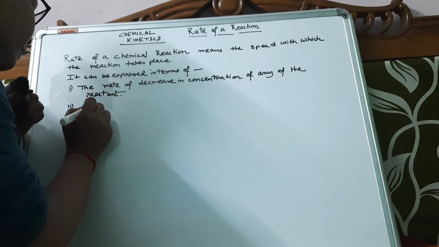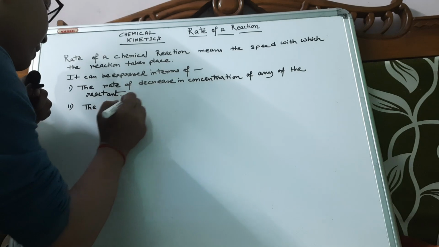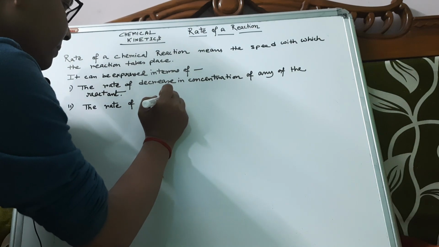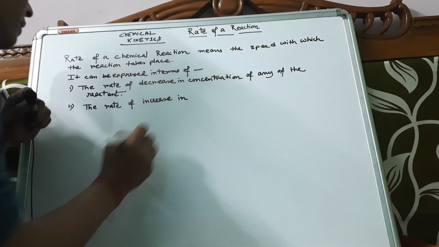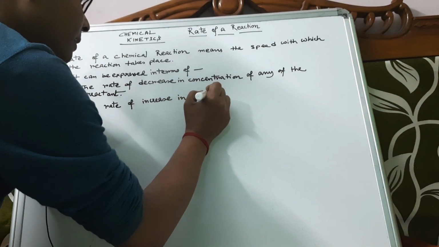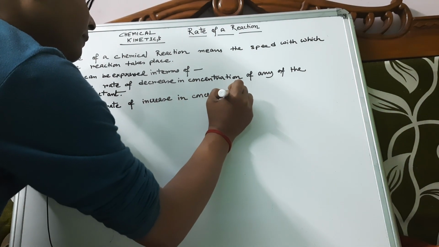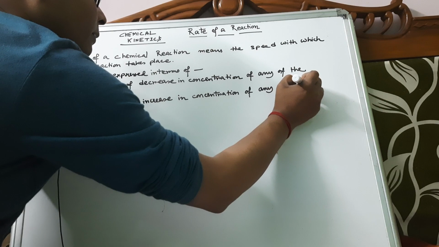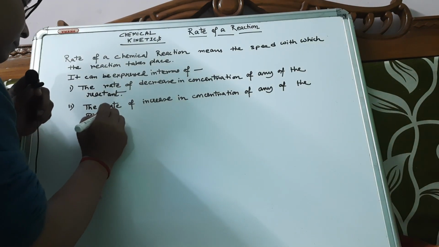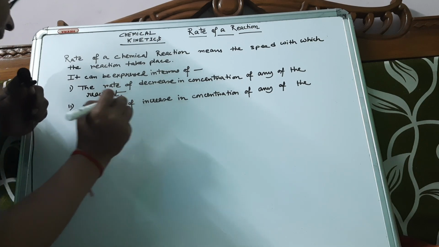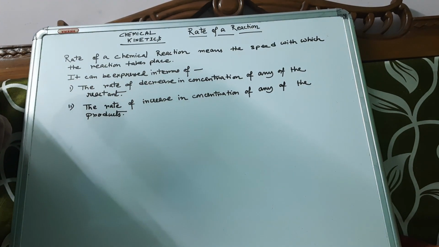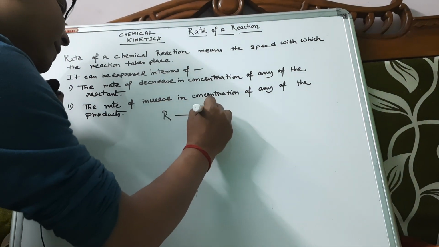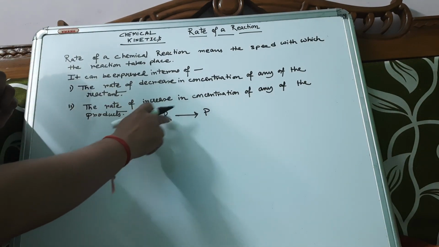And if you express the rate in terms of product, then obviously the concentration of the product gradually increases. So the rate of increase in concentration of any of the products. Let us have a general example, R to P. R is the reactant and P is the product.